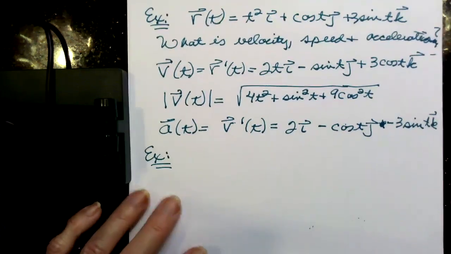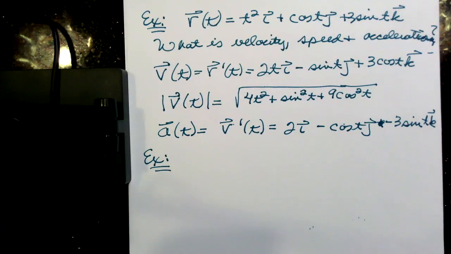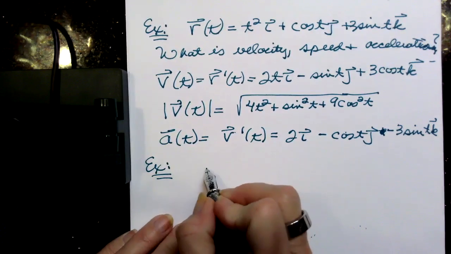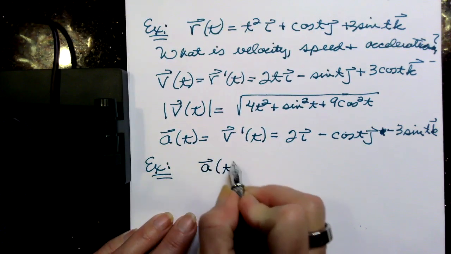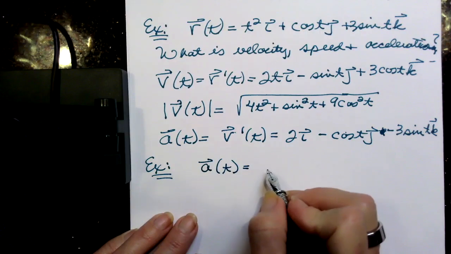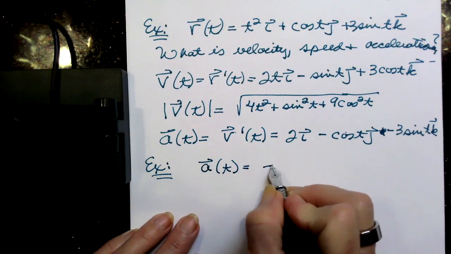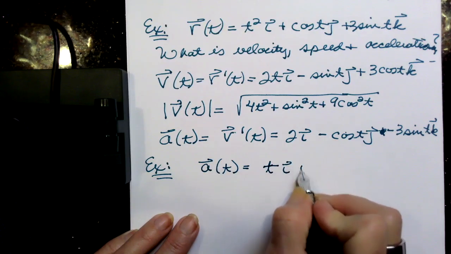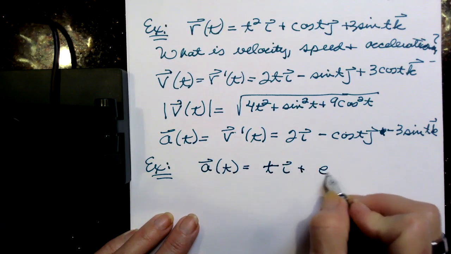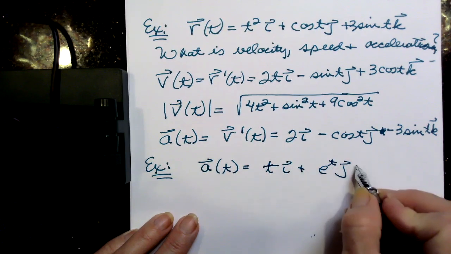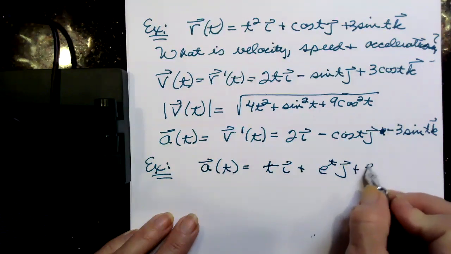Okay. So now let's try something that's a little bit different. Suppose I give you the acceleration. Suppose I tell you that the particle is moving with the acceleration vector, let's say t i plus e to the t j plus e to the minus t k.